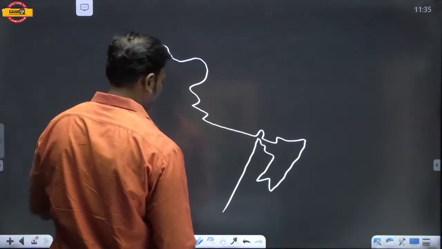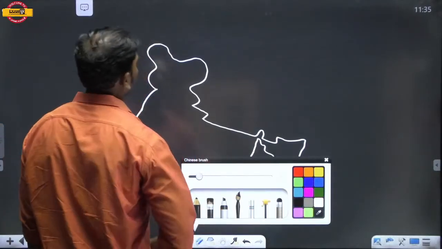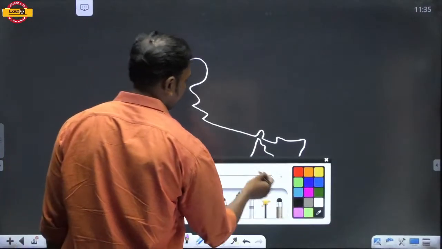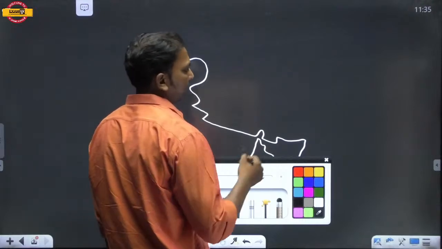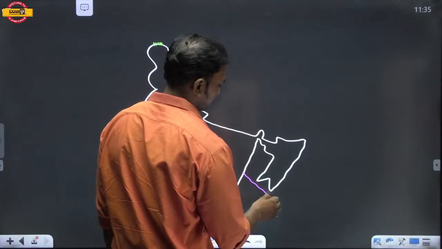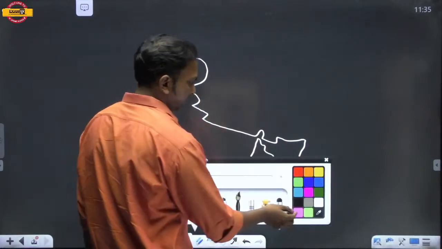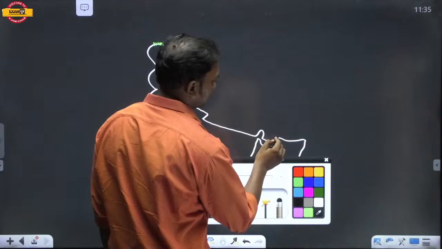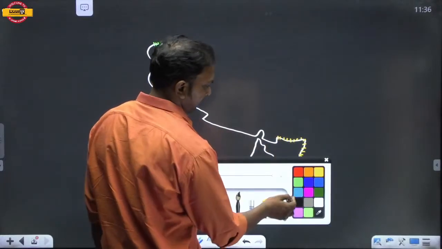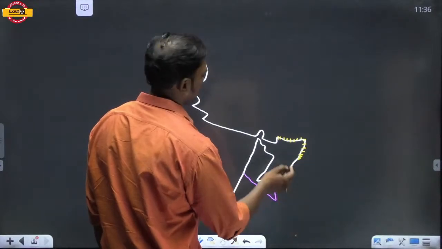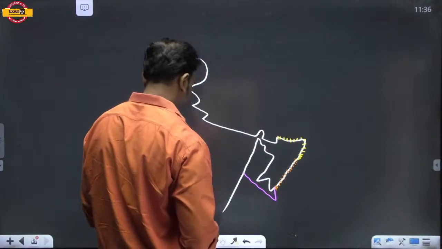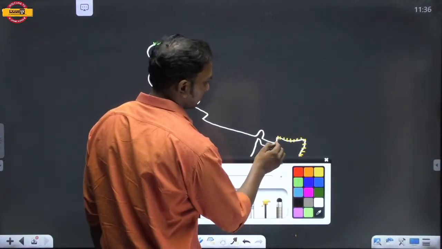Okay. Firstly, we are going to have 7 countries on the borderline. Here it is Bangladesh. This side is China. Here it is Myanmar. Bhutan.